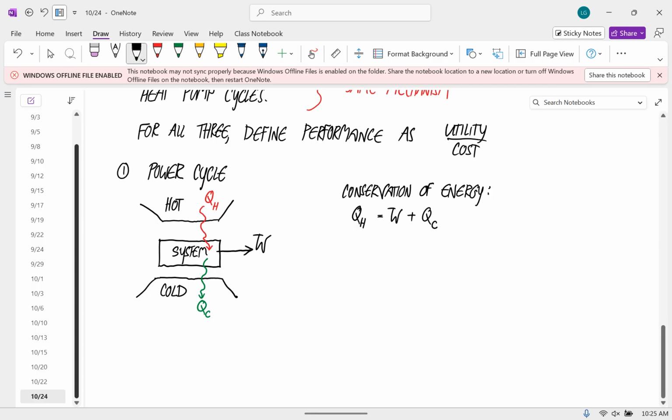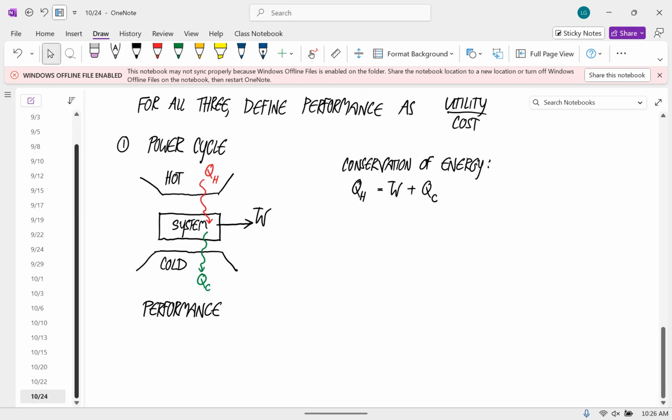So let's think about the performance. For this one, we're going to call the performance efficiency. I'll tell you why that's different than the other ones. And we'll give it the Greek letter capital Eta.